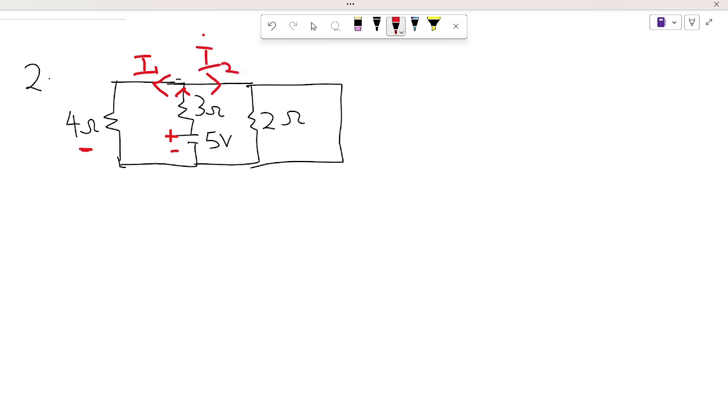Realize that when it gets to this junction as well, there's a resistance here, but there's no resistance in this path.